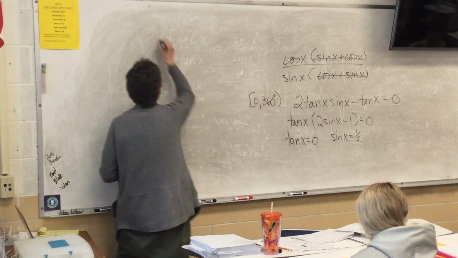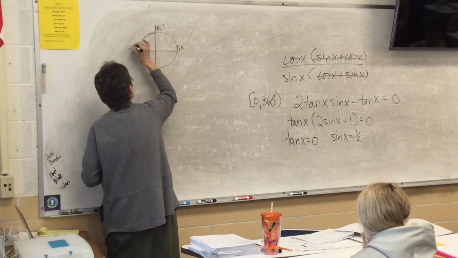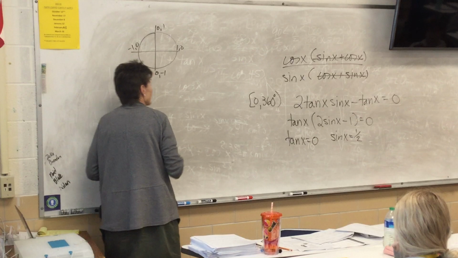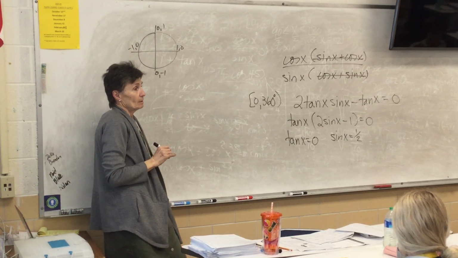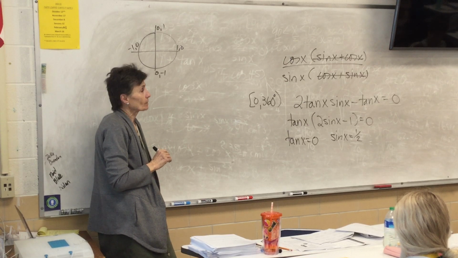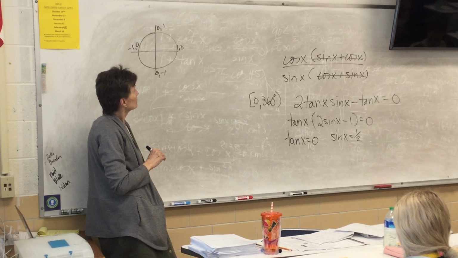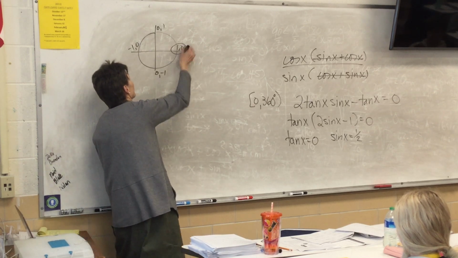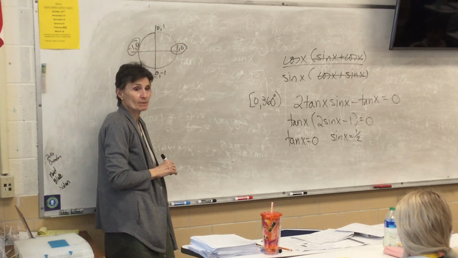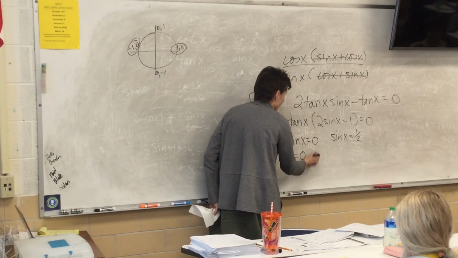So I've got to look at my circle. And somewhere around here, y over x is 0. Well, where is y over x 0? Here and here. Yep, that's where it's 0. So the answers to this piece are 0 and 180.